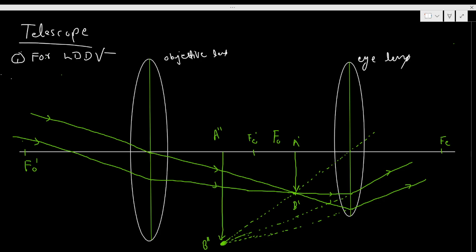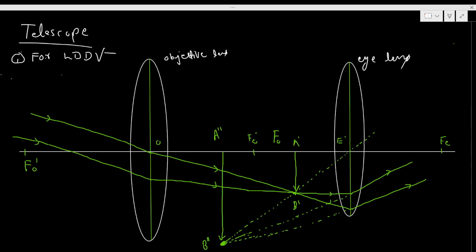Now, we have to mark the optical center of the two lenses. This is O and this is E. And now by using geometry, we can solve this figure. Now keep in mind one thing.